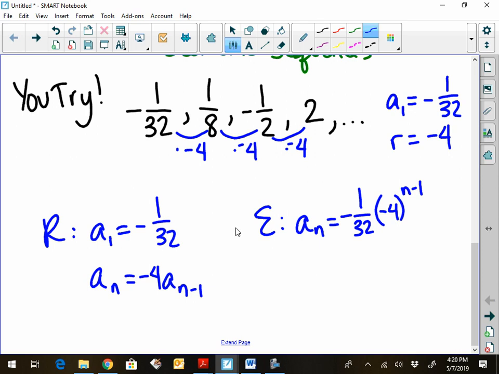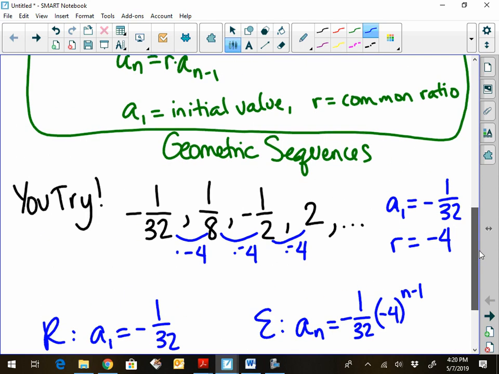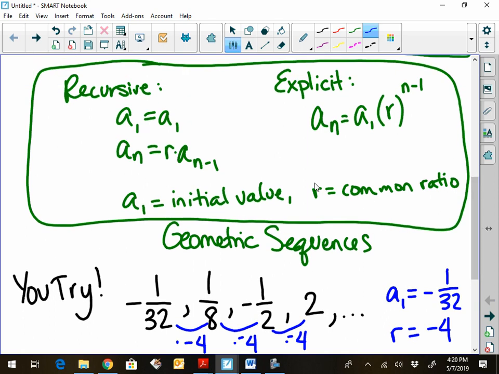Whereas if we plugged that into explicit, we could just plug in n equals 100 and then figure out a sub n. So on the next practice, you'll be applying these two formulas in more ways than what we're showing right here. But use these general formulas to help you practice with geometric sequences.